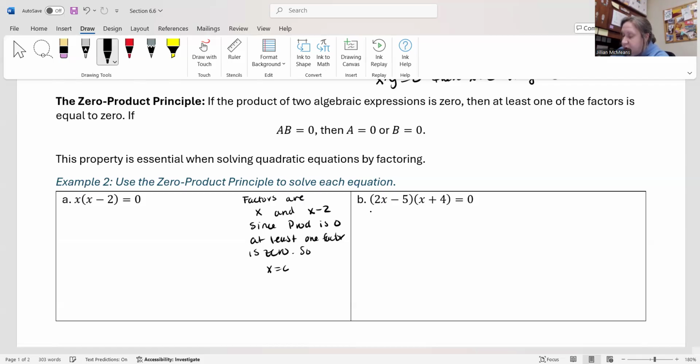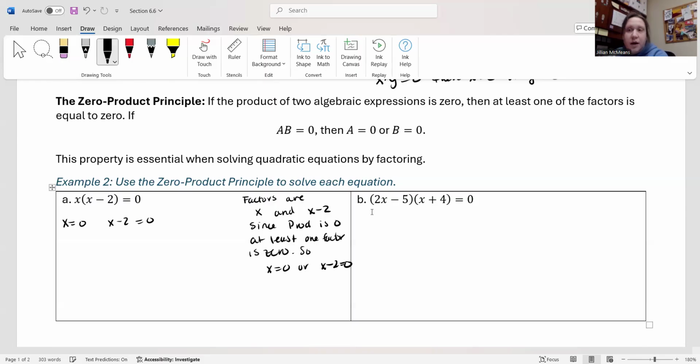So x equals 0 or x minus 2 equals 0. So let's look at what happens when x is 0, and let's look at what happens when x minus 2 is 0. What we do is we take each factor individually and set it equal to 0 and then solve. So we're going to say x equals 0, x minus 2 equals 0.